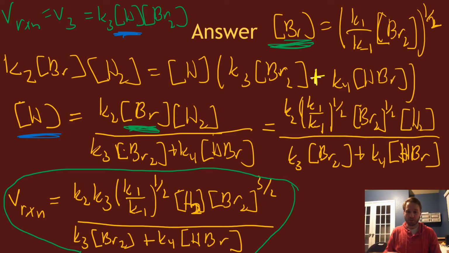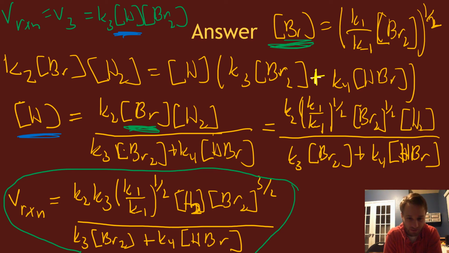And then you're left with, in the denominator, k3[Br2], which cancels with one of the [Br2] at the top, and you're left with something that's half power in Br2. And so this does agree with the experimental observations. And this is your final rate law.